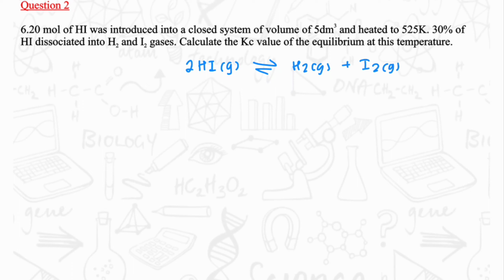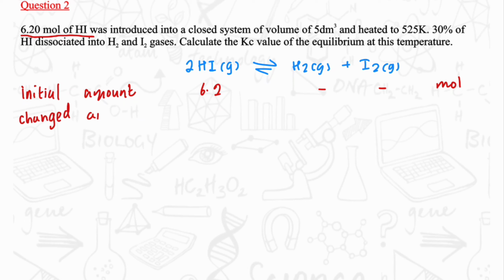And they have given the initial number of moles of HI. So let's write the initial amount, and that is 6.2. We don't have any hydrogen or iodine gases. And then the changed amount, 30% of HI dissociated.